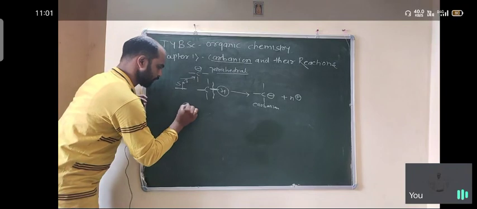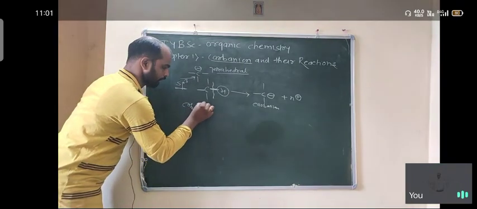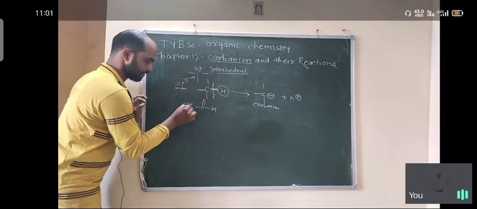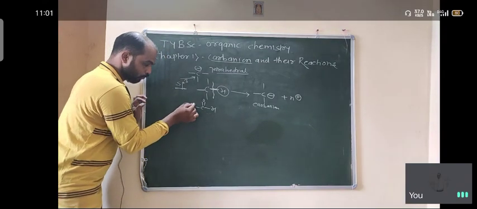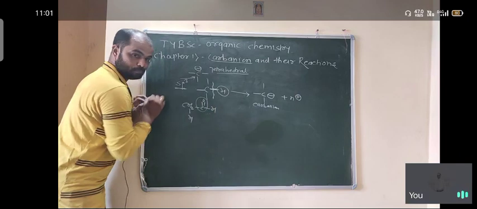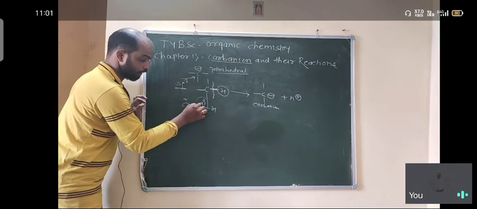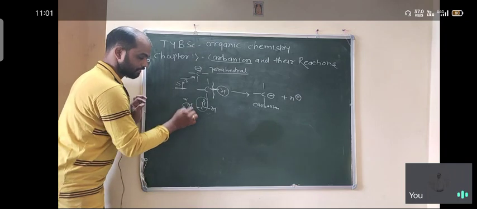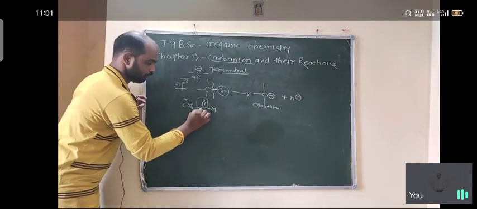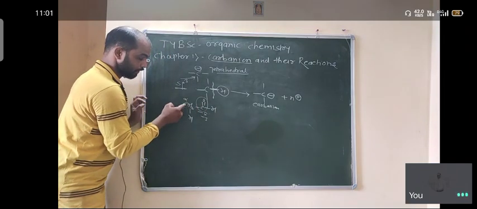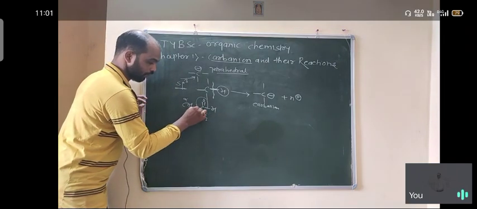Second, suppose we consider another example. Here is benzaldehyde, which has a CH3 group. Due to the presence of the carbonyl group, the hydrogen on the alpha carbon to the carbonyl group is acidic in nature, because due to the minus R effect of the carbonyl group, electrons are delocalized this way.